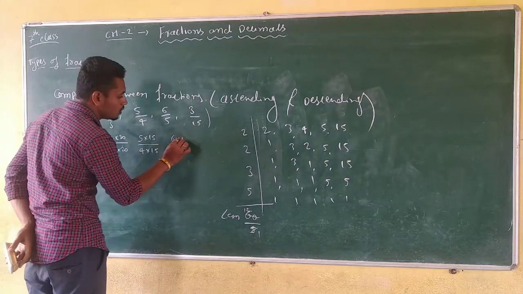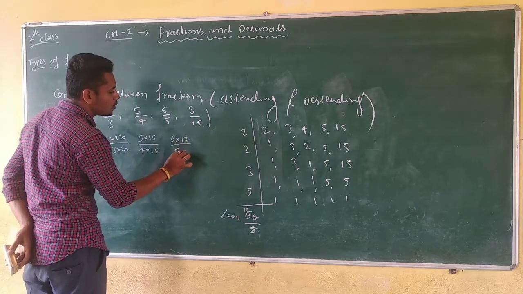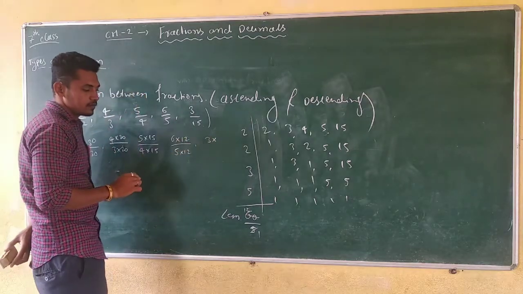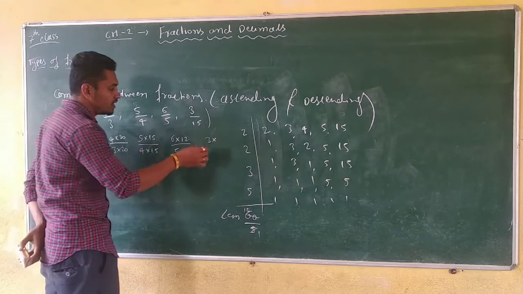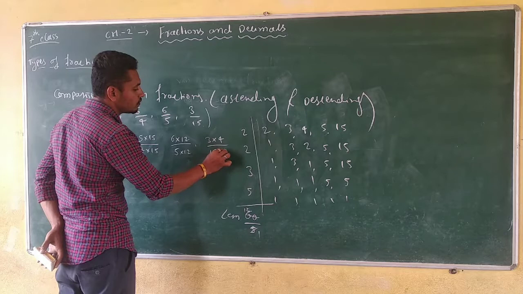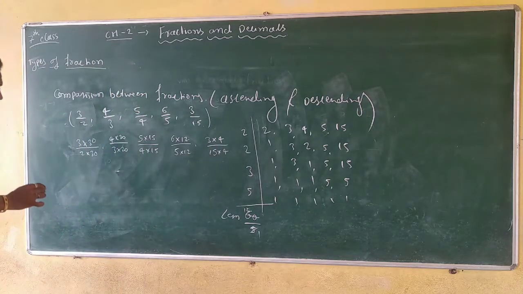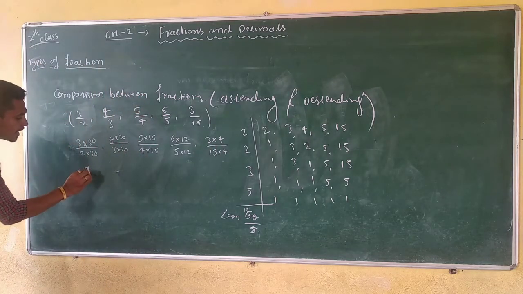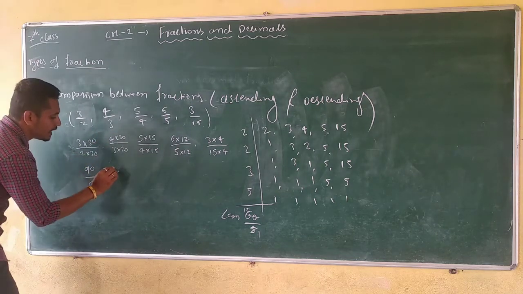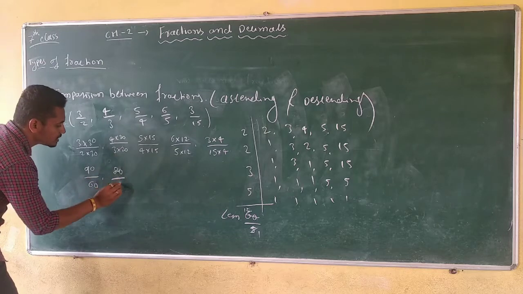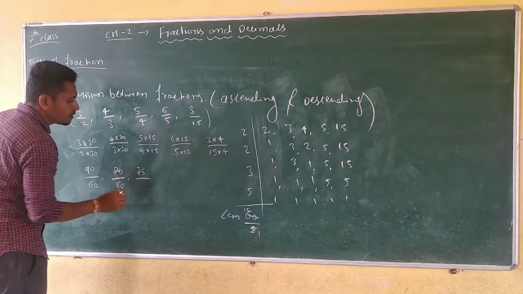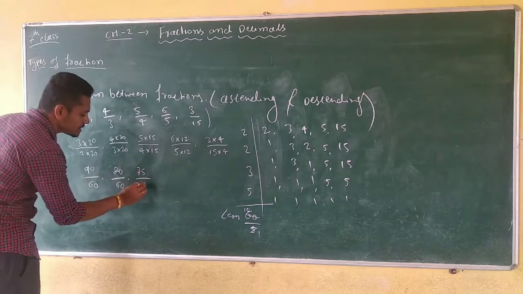So 6 into 12 divided by 5 into 12. Next, 3 into 15, 15 4s are 60, and 15 into 4. Now see here: 3 3s are 9, so 90; 4 2s are 8, so 80; 15 5s are 75; 15 4s are 60.